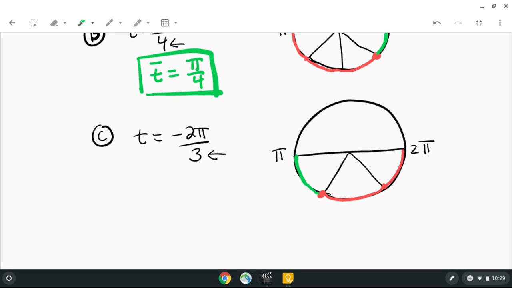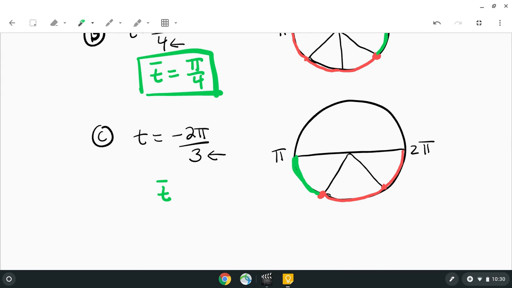So that would be this. Okay, and we see that that would be 1/3. Okay, and it's positive 1/3 because we just want to know what's that distance. Okay, so here t bar is positive 1/3.